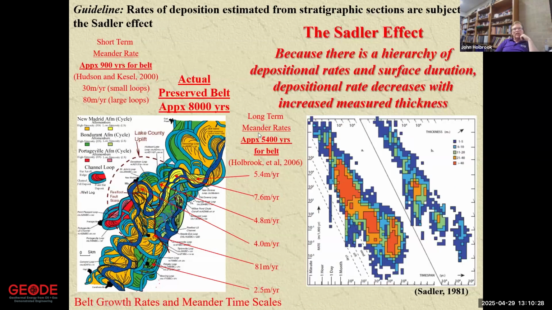Which brings us to the Sadler effect, which is a very practical thing if you're trying to interpret reservoirs. When you look at sections of rock, the thicker the section you look at, the longer the duration that seems to have passed. A really thick section of rock might record several million years. Say I look at 10 meters of rock, and it records 2 million years.